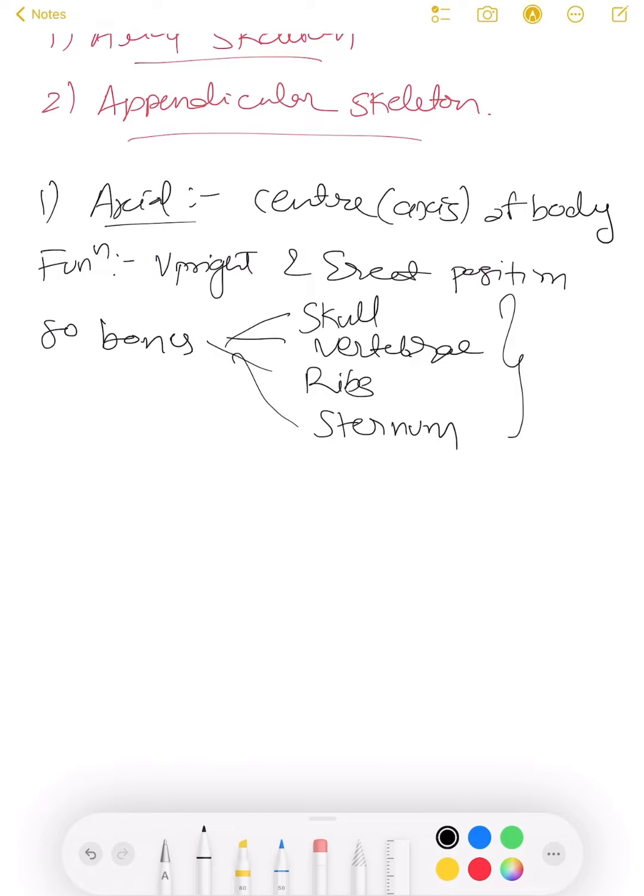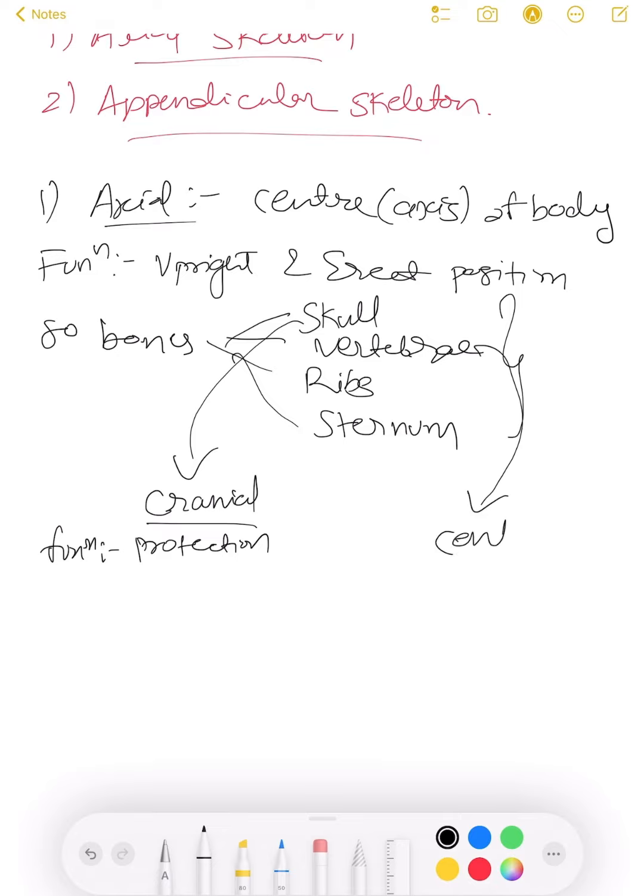Now, the skull is the cranial expanded end and protects the brain. What is the skull? The skull is the cranial part which protects the brain. If we talk about the vertebrae, it is the central axis of the body.